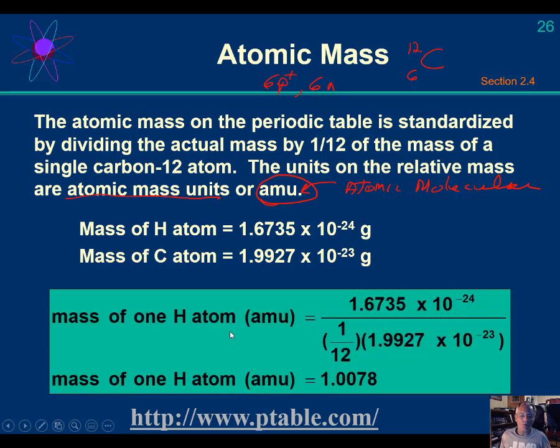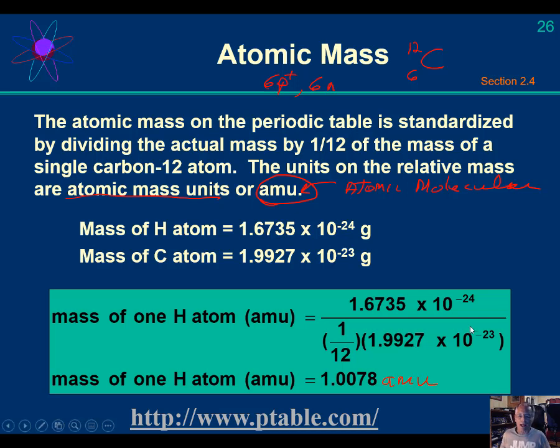What we're going to do is take that mass of a hydrogen atom, and use 1/12 the mass of an actual carbon-12 atom, and when we do this division, or we multiply the numerator by 12, divide by the actual mass of a carbon-12 atom, we come up with 1.0078, and the units are AMU.